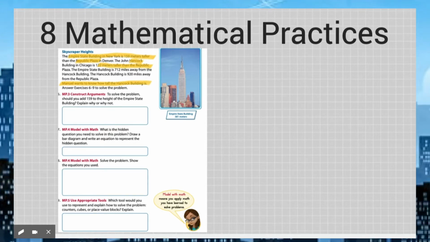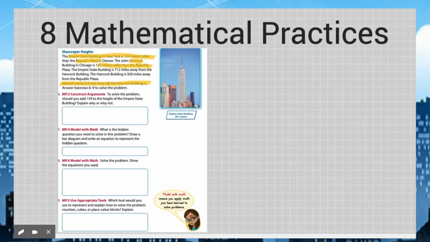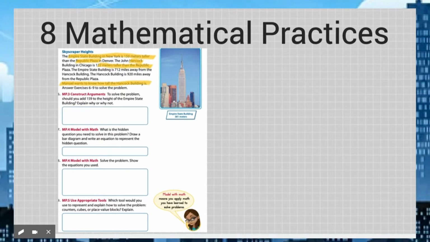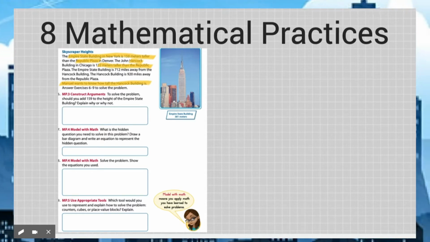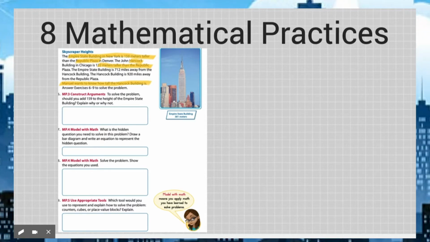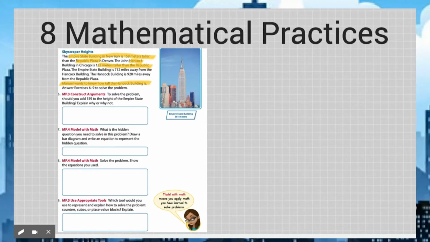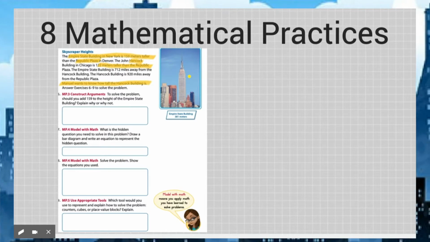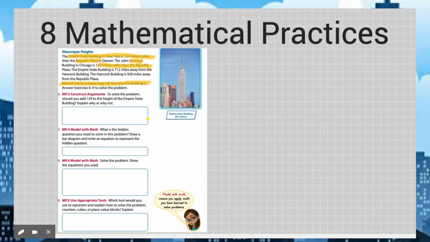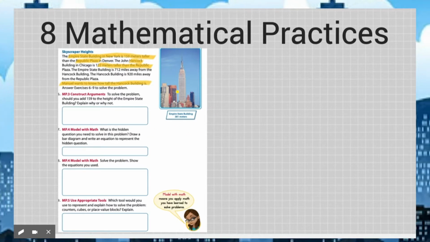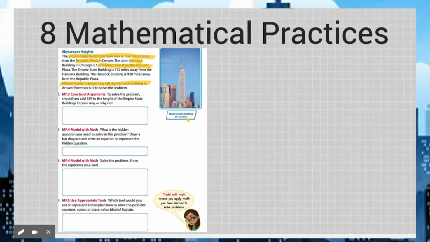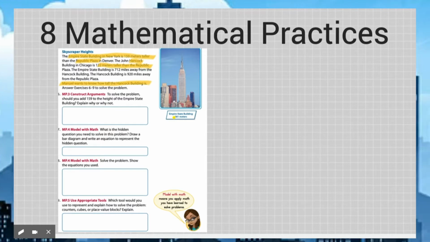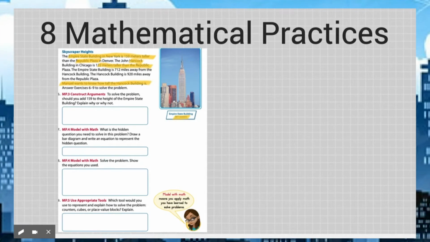But there are some other features of this problem that give us that answer. Can anyone see where that information may be located? If you are looking at the picture, you will see the information. The caption says the Empire State Building is 381 meters. That's going to be really important.